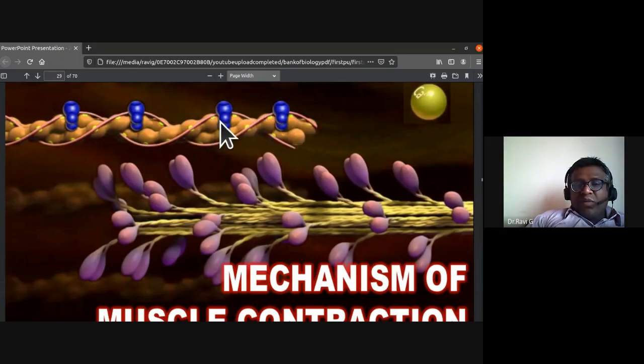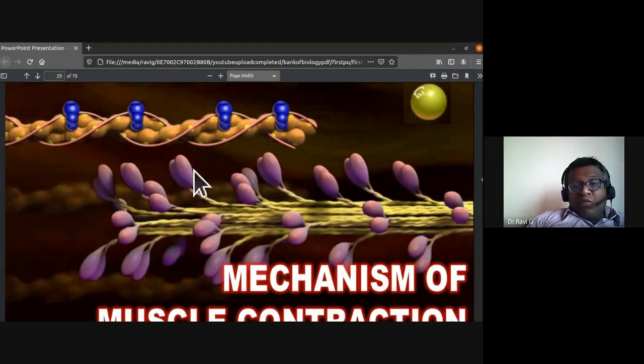Here, what you can notice above is the actin filament with the three subunits of troponin, which mask the actin. Then below you are finding the meromyosins. Myosins are made up of a polymer of meromyosins.